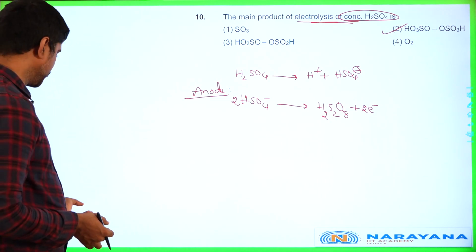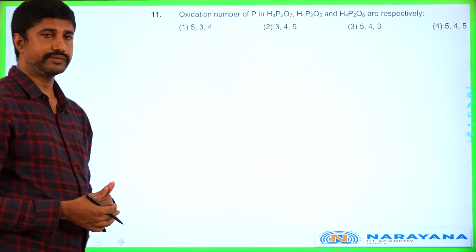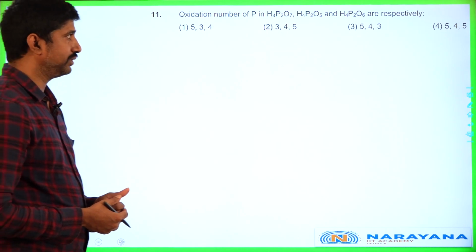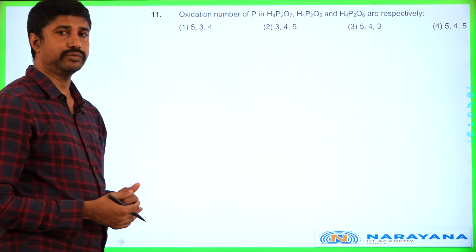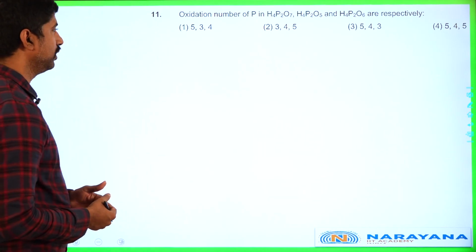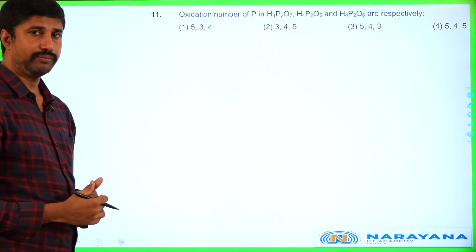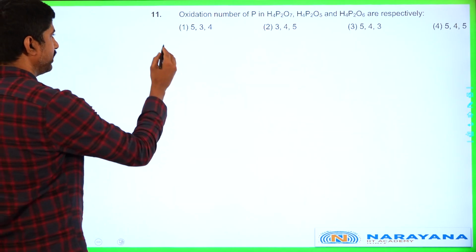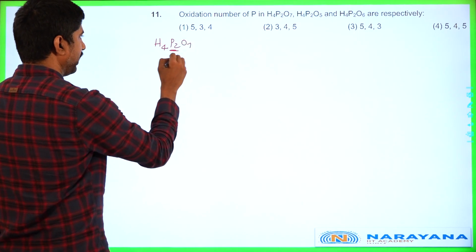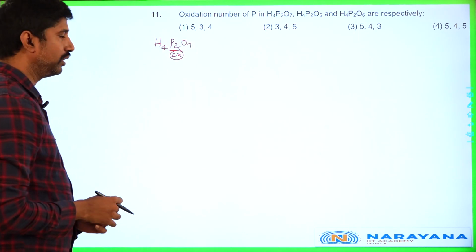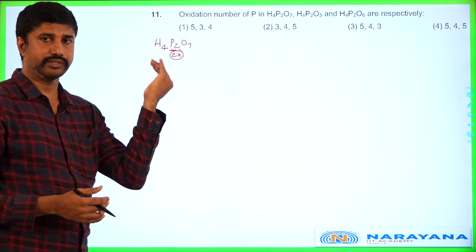So let us see the next question, question number 11. Oxidation numbers of phosphorus in H4P2O7, H4P2O5 and H4P2O6 respectively are. There is no peroxy bond in any compound. So if you write directly in the standard procedure, for H4P2O7, take 2x for phosphorus, because 2 phosphorus are there, assuming the oxidation number of each phosphorus is x.